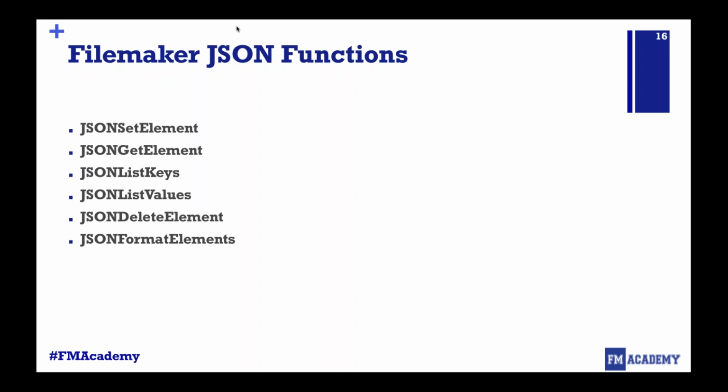Most of these are going to be somewhat intuitive as to what they mean by just the name. We're going to be focusing for this tutorial on the first 2, JSON set element and JSON get element. You will also see JSON format elements just as a way to make the JSON more readable.